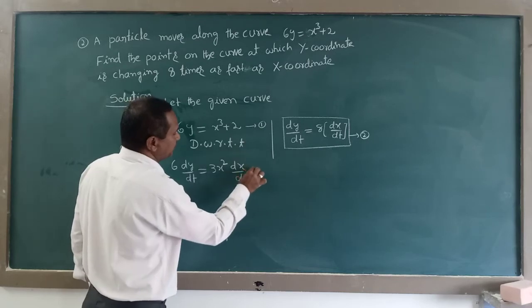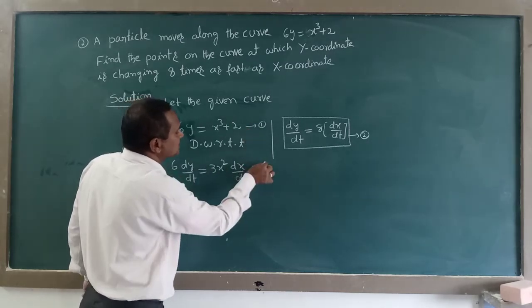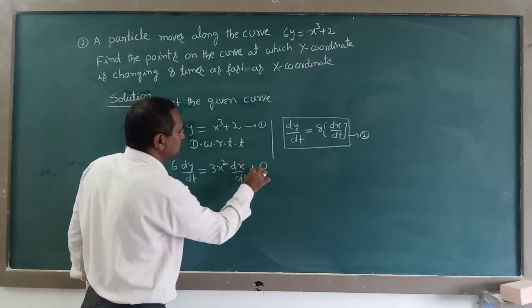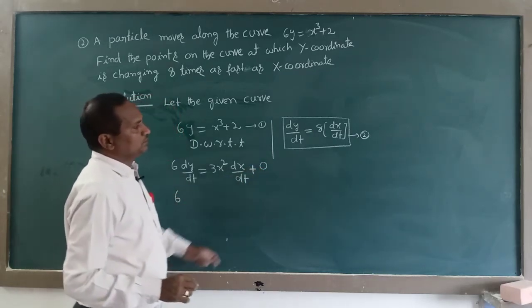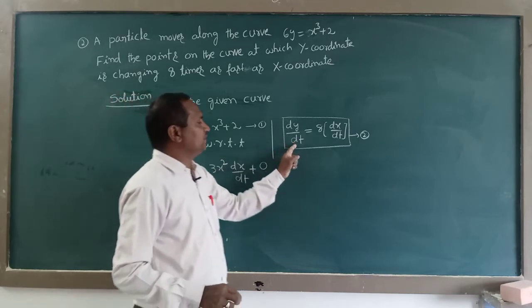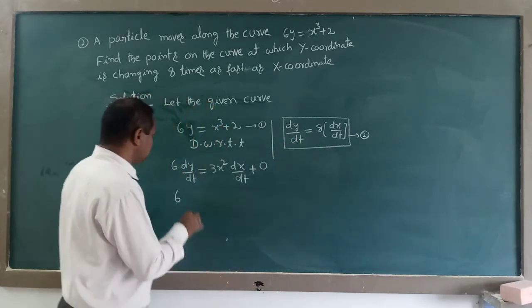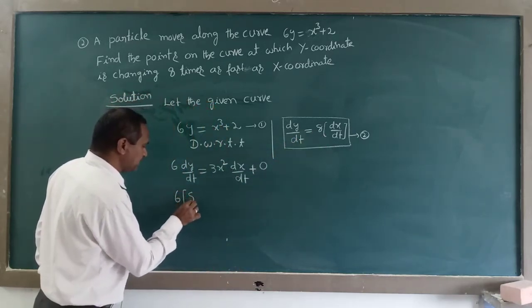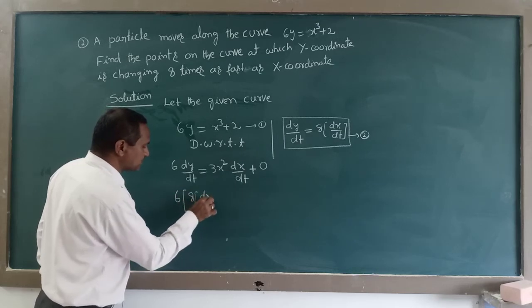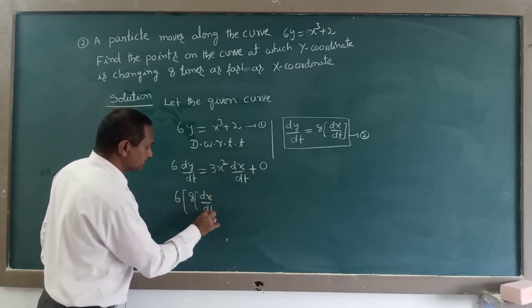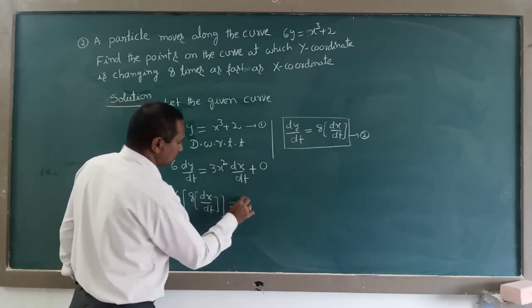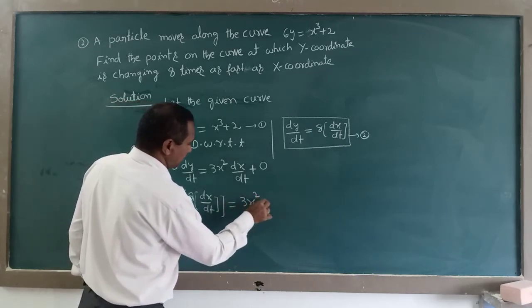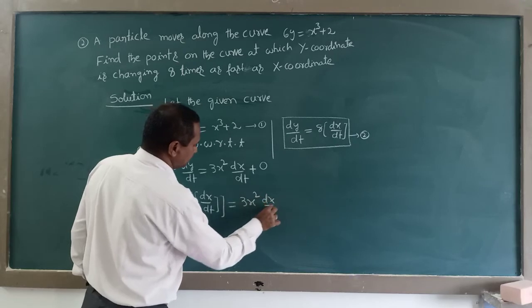And dy by dt of the independent constant becomes 0 here. 6 into, from equation 1, instead of dy by dt we have 8 of dx by dt. 8 of dx by dt here is equal to 3x square into dx by dt here.